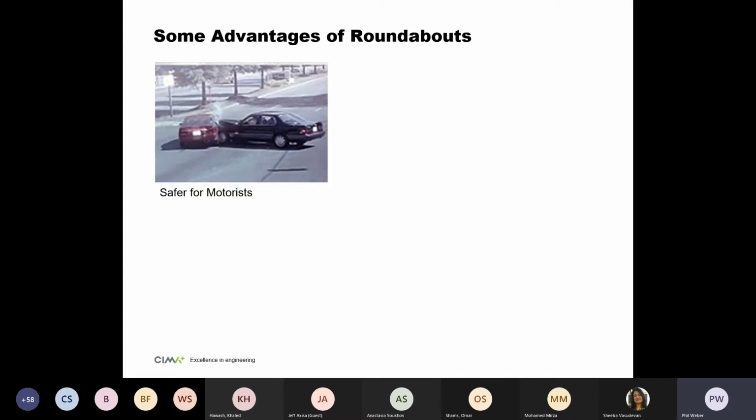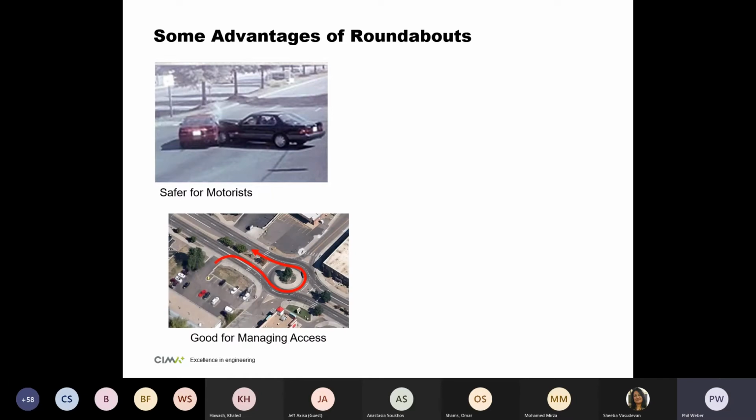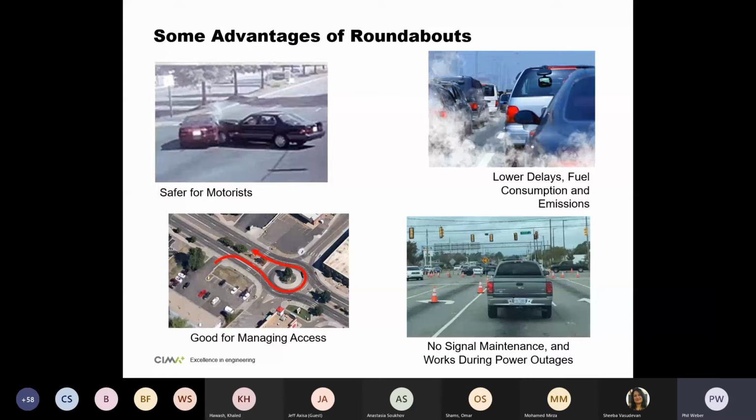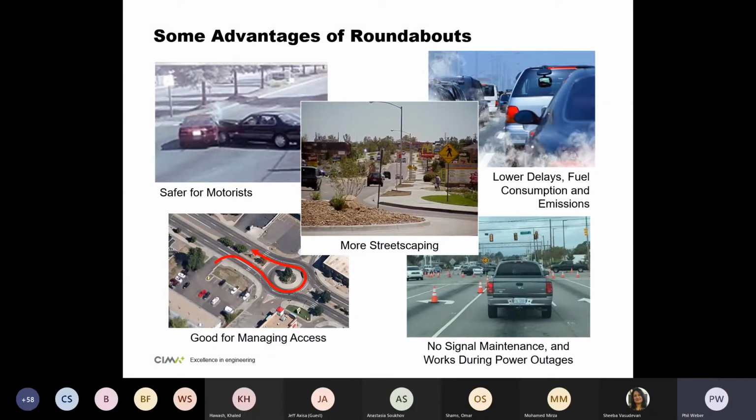They're also good at managing access: instead of making a left turn, you can make a right turn and a U-turn, or a U-turn and a right turn. Also, no signal maintenance. They work during power outages, which can be pretty handy. Lower delays, fuel consumption, and emissions. Also, streetscaping opportunities. All these are good reasons to put in roundabouts.